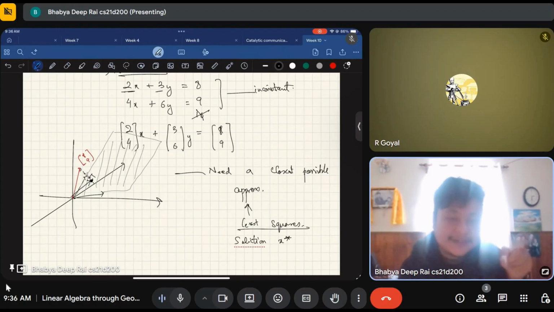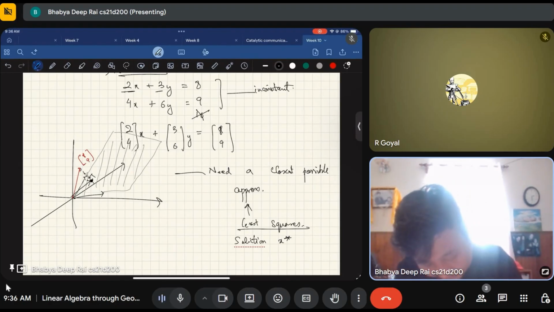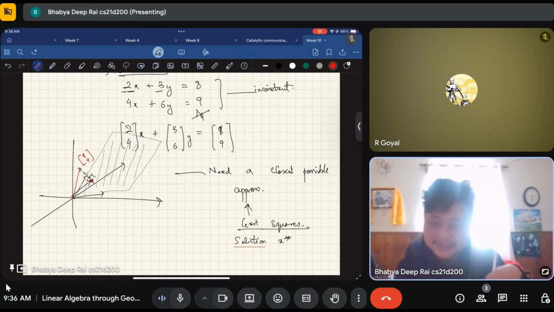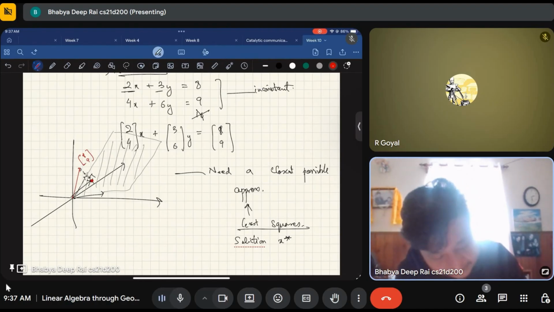It is that linear combination that will lead you to this point. So you still need to perform that linear combination. This point, let me indicate with the green, which is the closest approximation, is actually A times the least square solution. Get it?